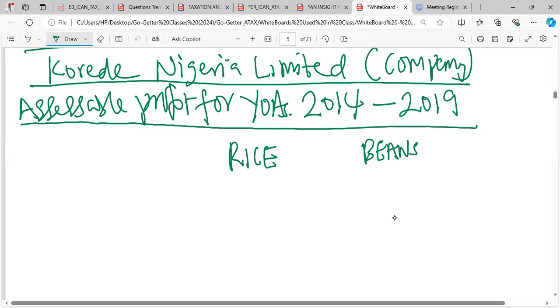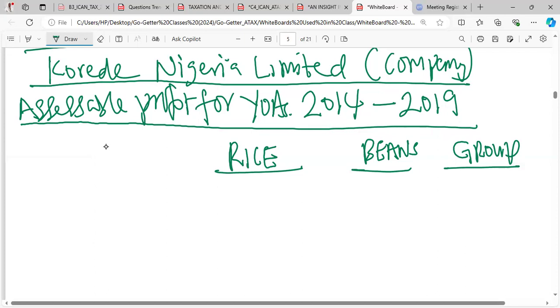This is total, or I will call it group. You can call it group, you can call it total, or you can call it company. Let me call it group. So it's like Dangote cement. This is like Dangote rice, Dangote beans, and Dangote group.